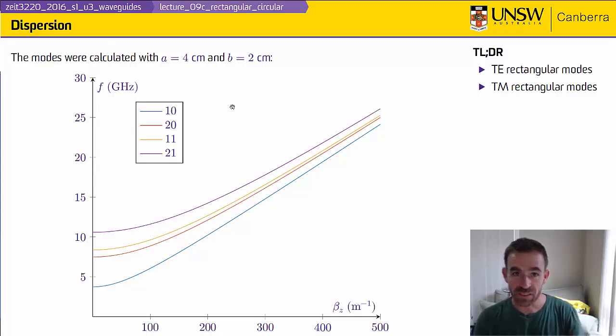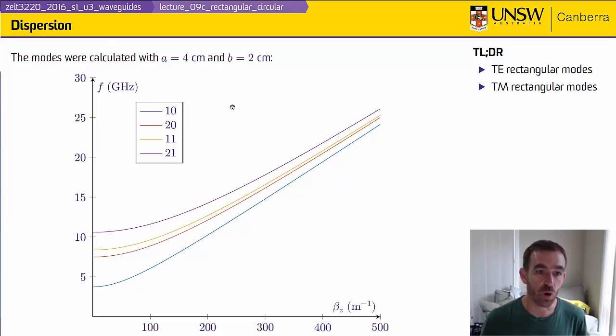The last thing I want to look at in this slide set before I go over to CST Microwave Studio is the dispersion diagram. What we're plotting here is the omega versus beta, or in this case Andre's plotted the frequency versus beta for different mode indices.